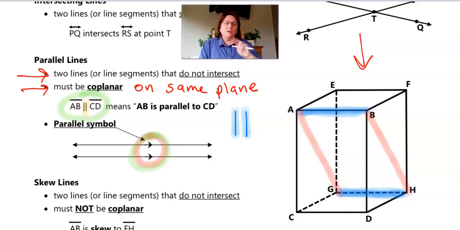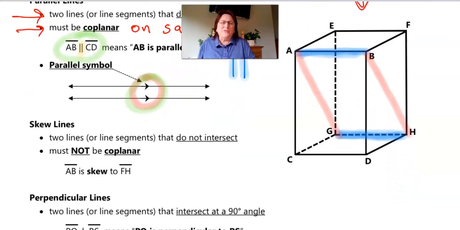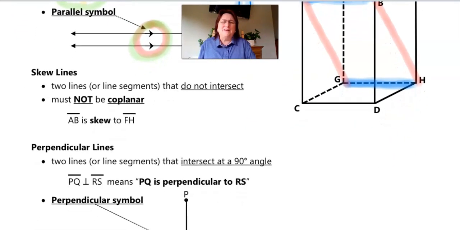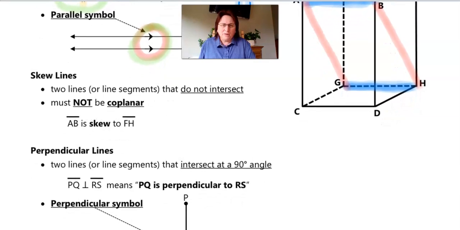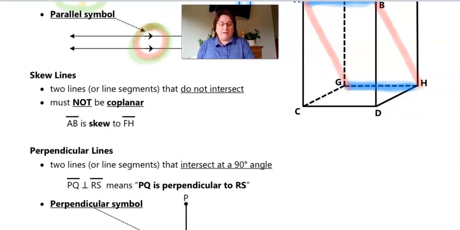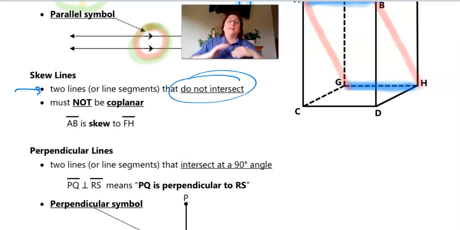Let's take a look at what skew lines are. Most of you might have heard that word before, but not really know what it means. Skew lines are two lines that do not intersect. They will never intersect.